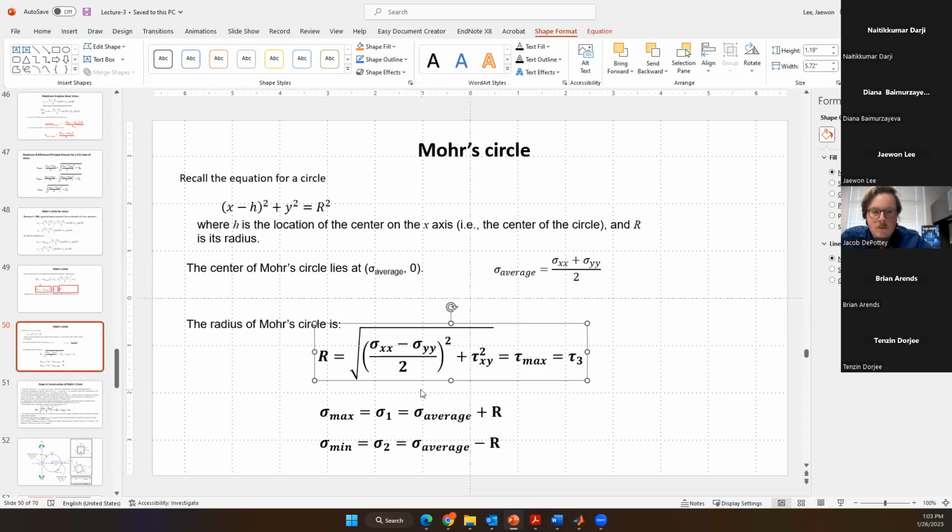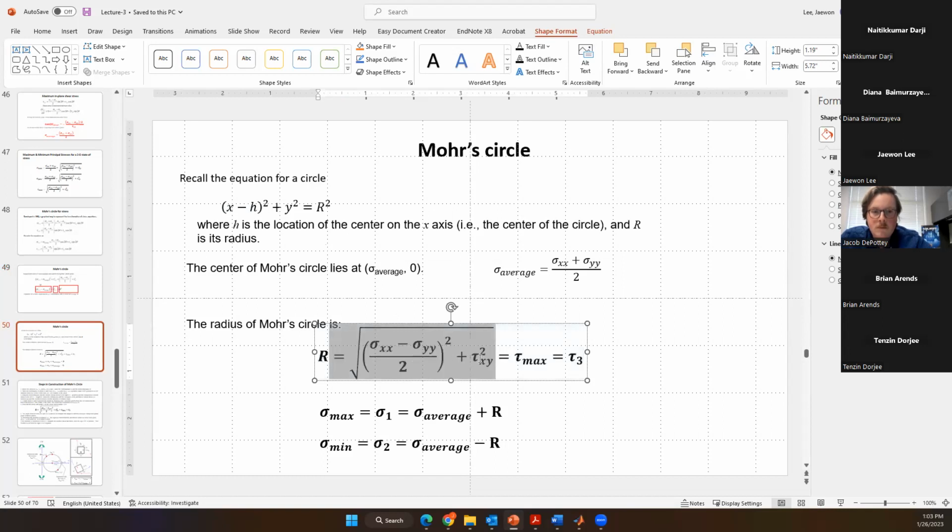The radius of the Mohr's circle is defined as the maximum shear stress.